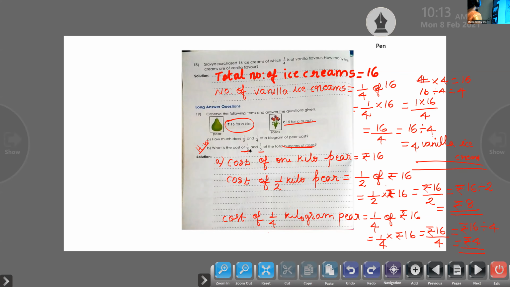To find cost of 1 by 3 of a bunch, what do you have to do? 15 divided by 3. We have to find 1 by 3 of 15.